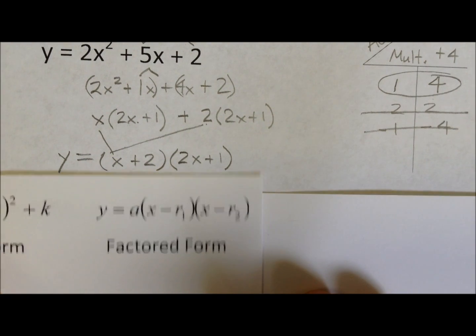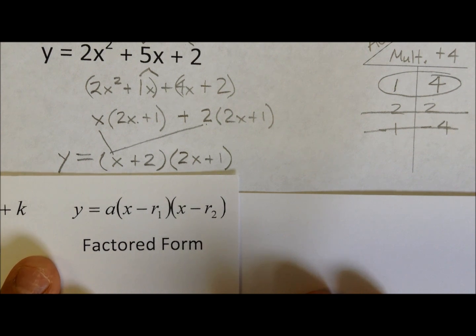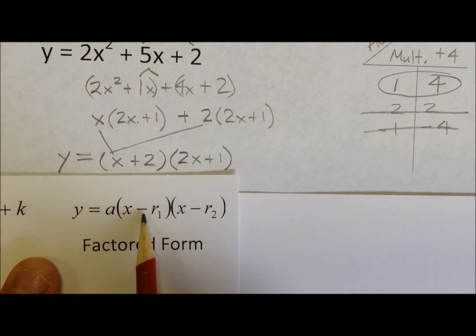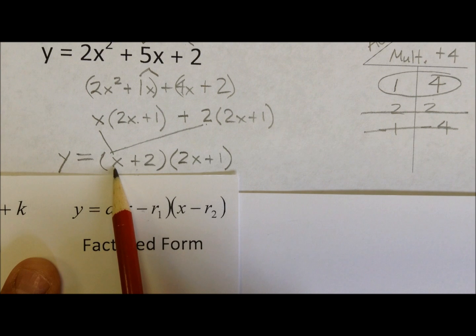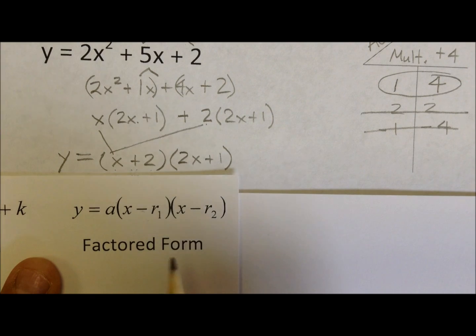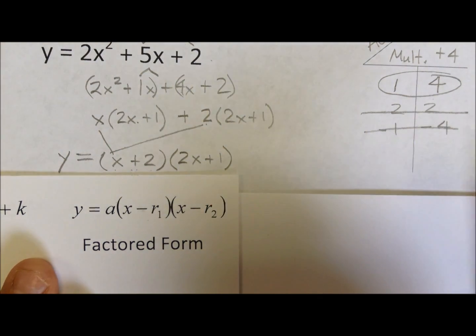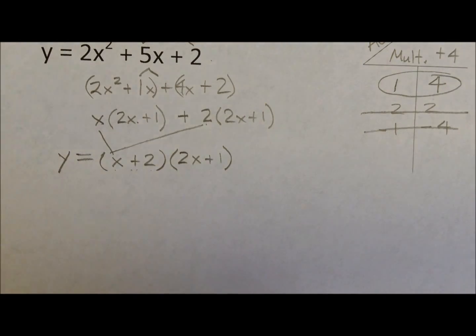No. We've actually written it in factored form. Okay? So remember, just because the formula has a minus sign, if you subtract a negative, you actually get a positive. So this is really x minus a negative 2, and so on. Okay? So you can convert from one form to another simply by using prior knowledge.